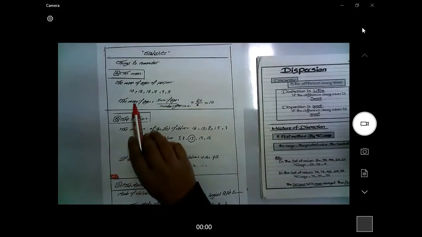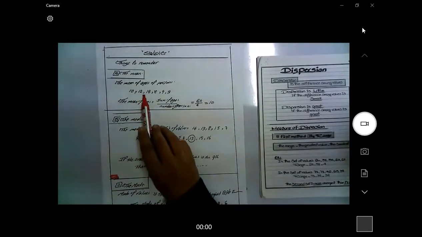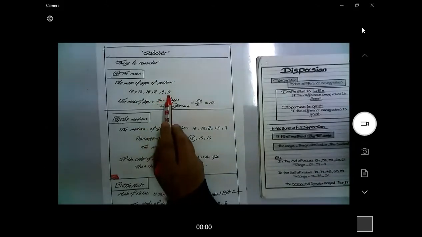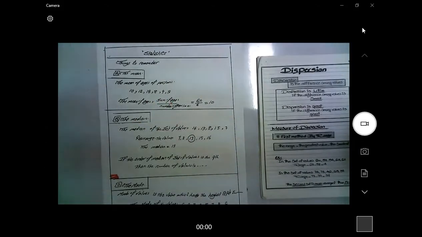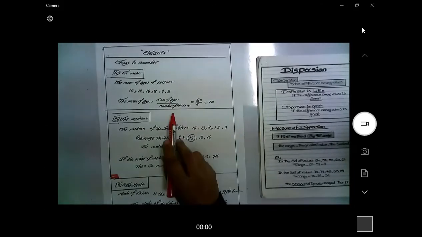The mean of values. If we have the ages of 6 persons, their ages are 10, 12, 18, 8, 9, and 3. The mean of their ages equals the sum of their ages divided by the number of persons.